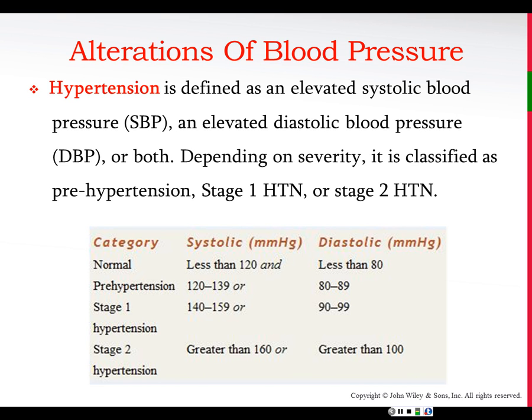Now, why do we concern ourselves with this? It's because a lot of times the effects of high blood pressure aren't even noticeable. People can walk around and be hypertensive and not even know it. But long term, that higher pressure is doing damage to the small vessels that supply the kidneys, the eyes, the heart, the brain. And if those vessels suffer damage, they try to protect themselves by usually thickening the lining of their lumen.